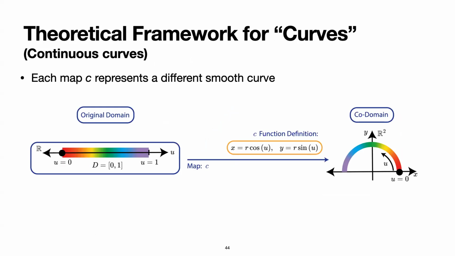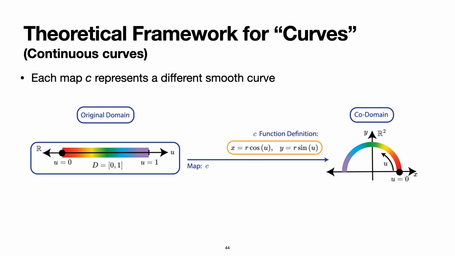So this is for continuous curves. In the case of continuous curves, each map C represents a different smooth curve. C maps points from this domain, aka points on the line between 0 and 1, over to R2. And C has a function definition.